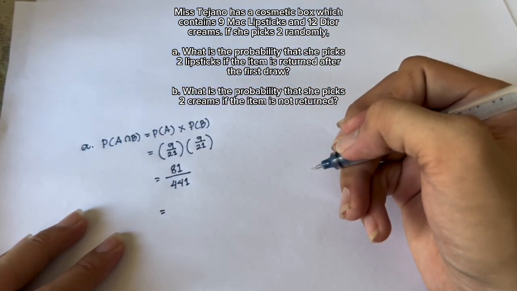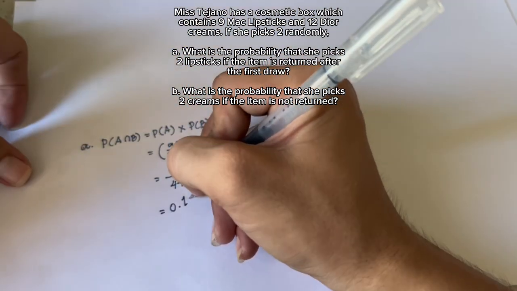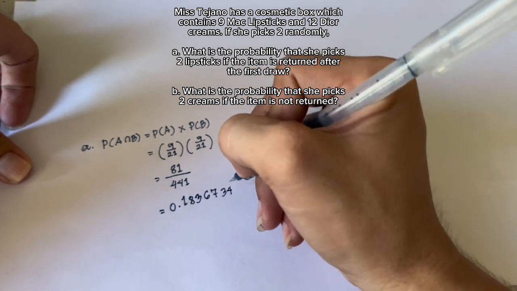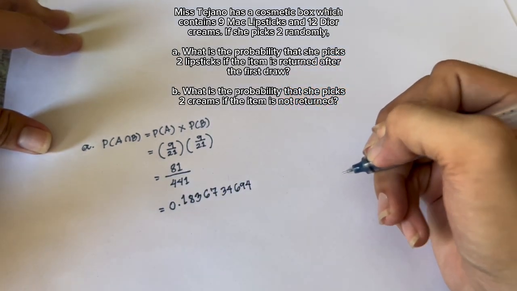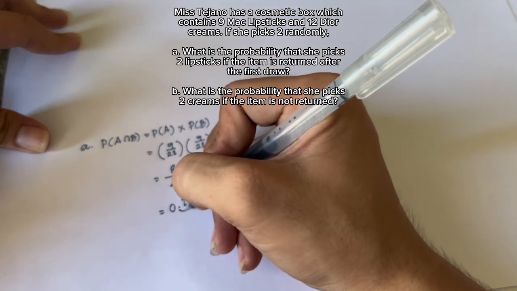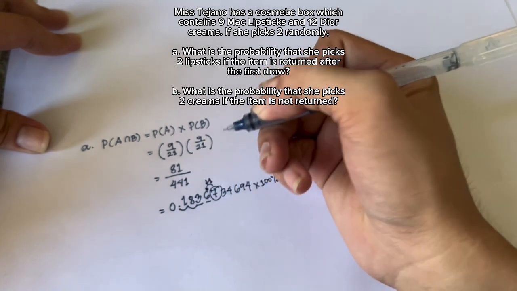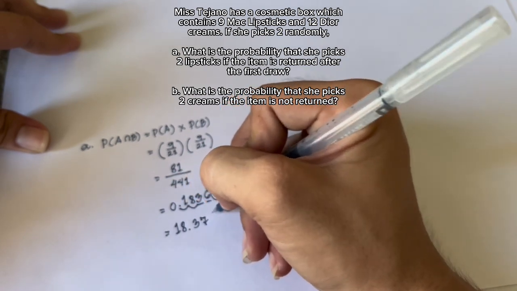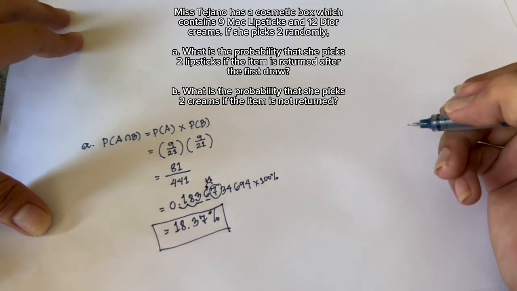Then divide. 81 divided by 441, the answer is 0.1836734. Then multiply it by 100%. Easy, just move the decimal point 2 places to the right. Round off: round up the 7, so add 1, and the answer is 18.37%. That is the probability that she picks two lipsticks.